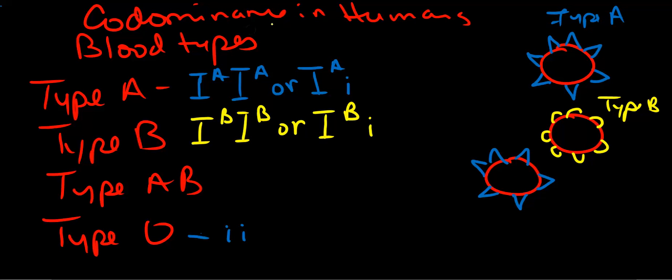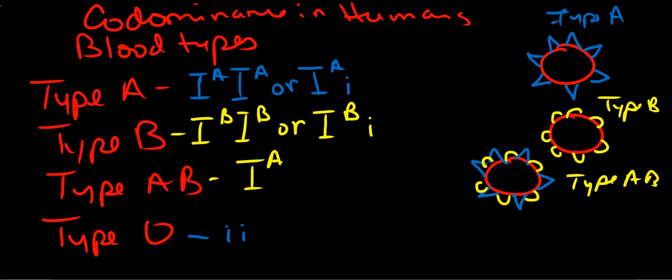Just like the flower that had red patches and white patches, these would have both of these proteins on there, and that is type AB. So type AB would always be IA, immunoglobulin A, and IB, immunoglobulin B. Immune system globulin, a globular protein.